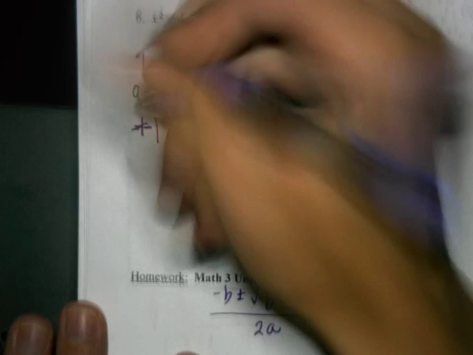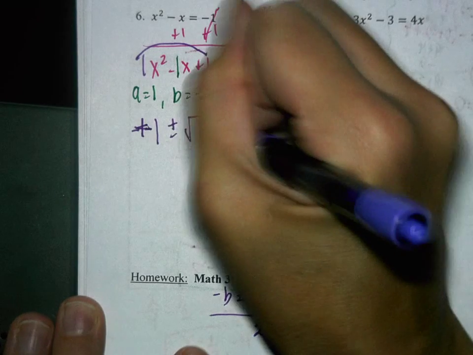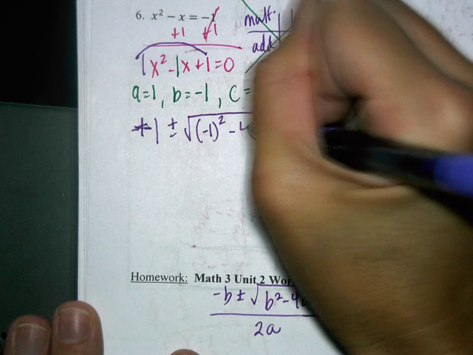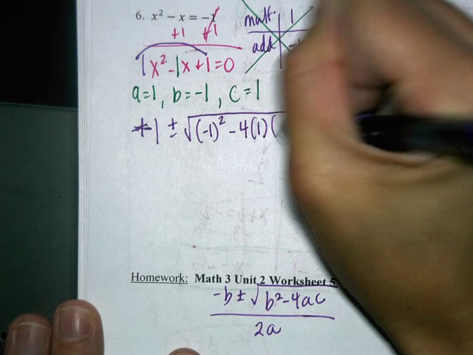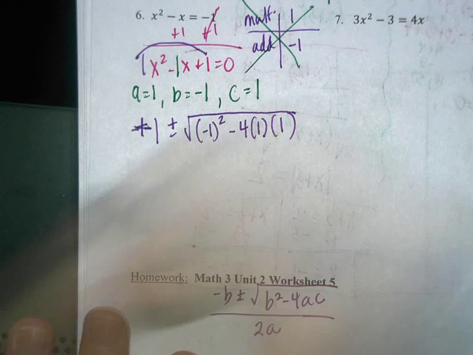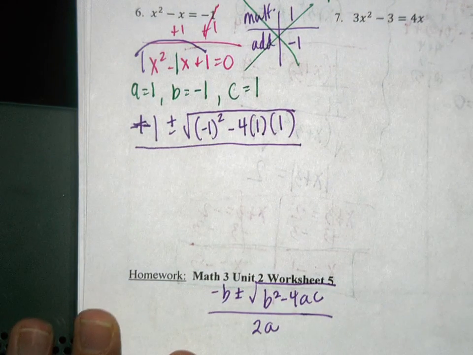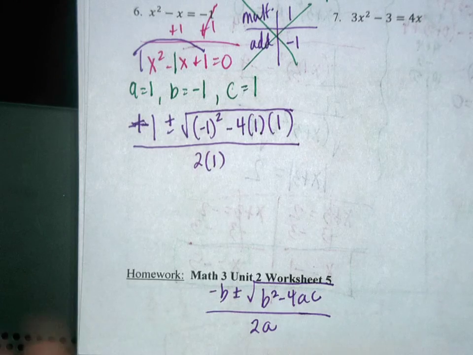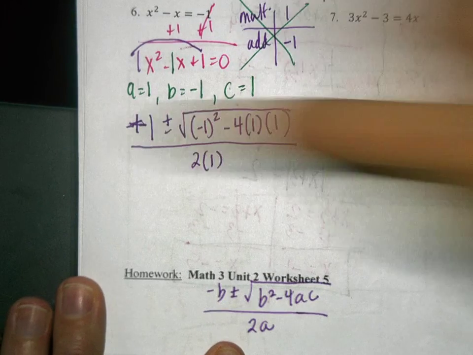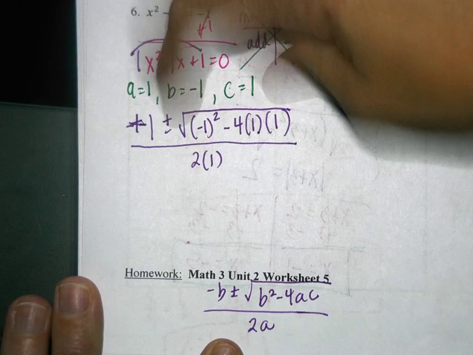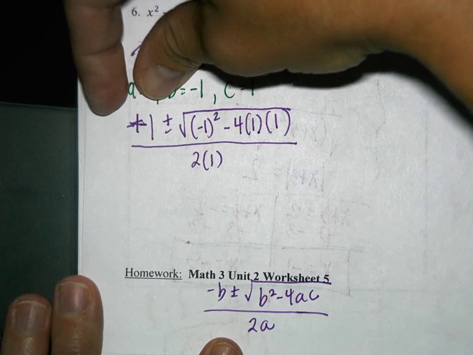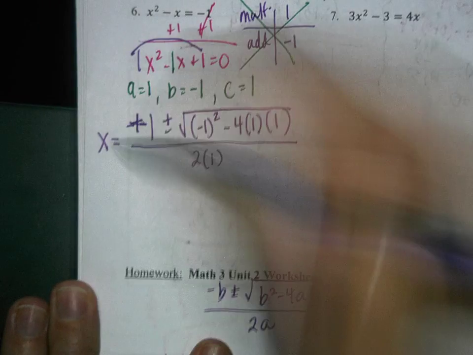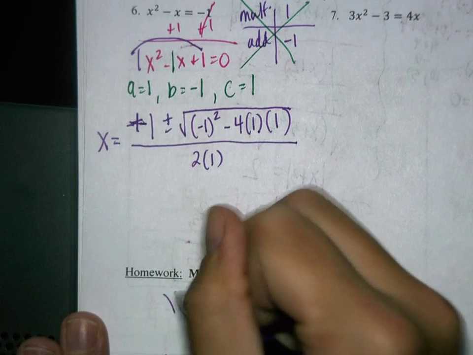Plus or minus the square root of b squared, so negative 1 squared, minus 4 times a is 1, times c is 1, all divided by 2 times 1. And notice that it's dividing that whole piece, not only the square root, but also that negative b value there. Also, this is saying x equals that value. So it's actually x equals negative b.